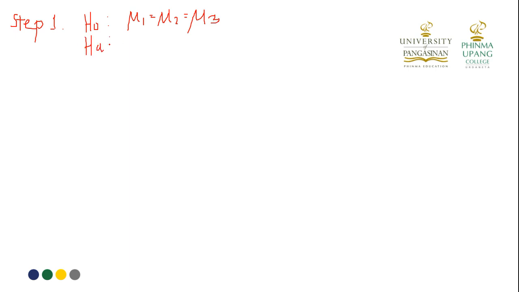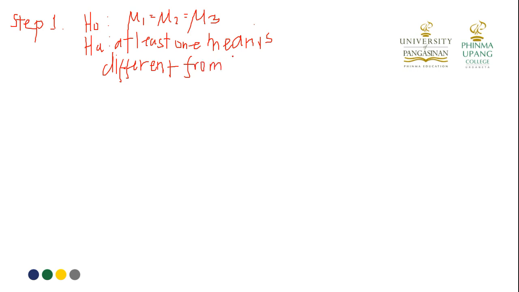So, HA natin is at least 1 daw, yung isang mean daw is different from each other. Yan. At yung HA natin is palaging at least one mean is different from each other.